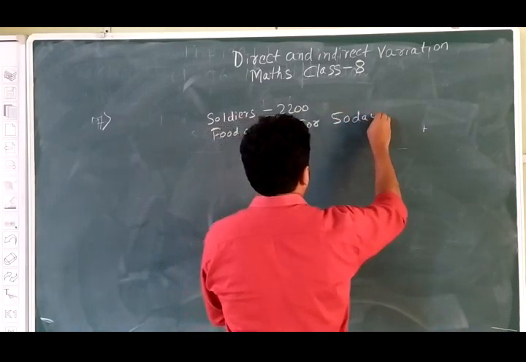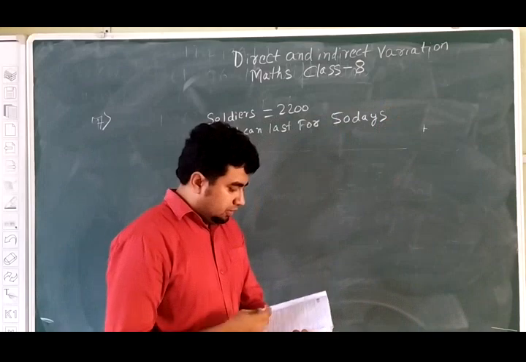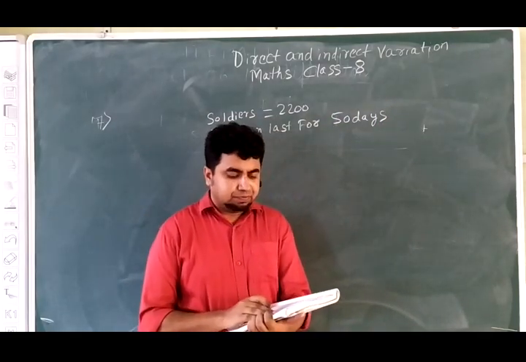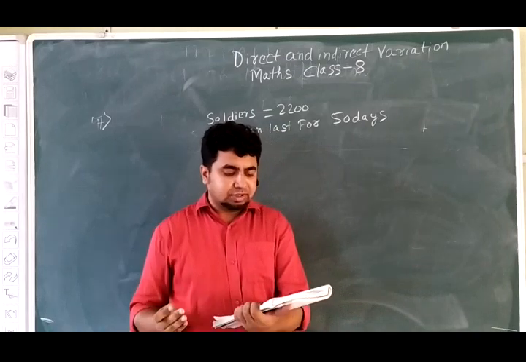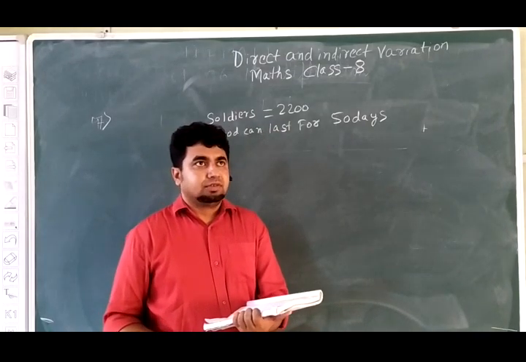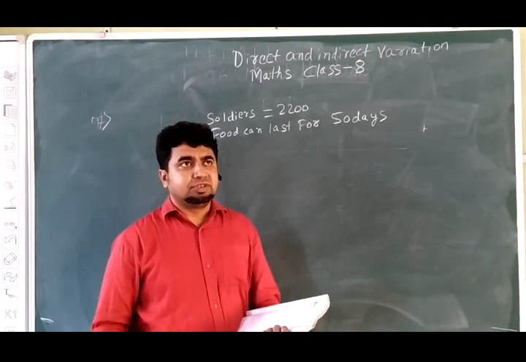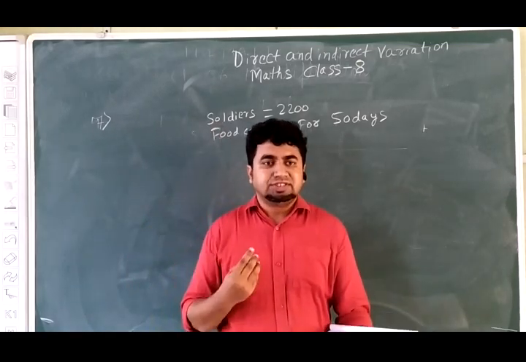But there is something which is changing. You are able to see the second part after the full stop. After 17 days, some more soldiers join the camp. So we will be starting the comparison, means number of soldiers is changing.